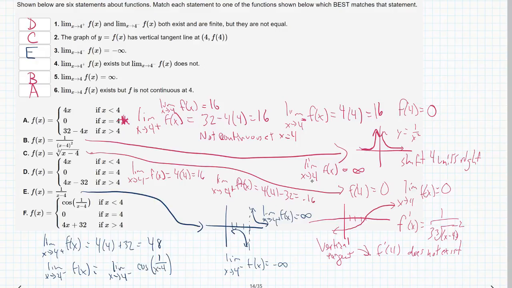That means cosine of negative infinity, which is a does not exist scenario. And that is exactly what's said for number 4. Wowzers, I know, a lot of work, and a lot of people struggled on that one, but that's how you can break it apart and work the whole problem out, just taking limits left and right.